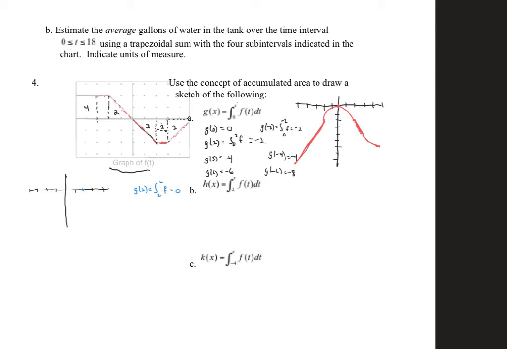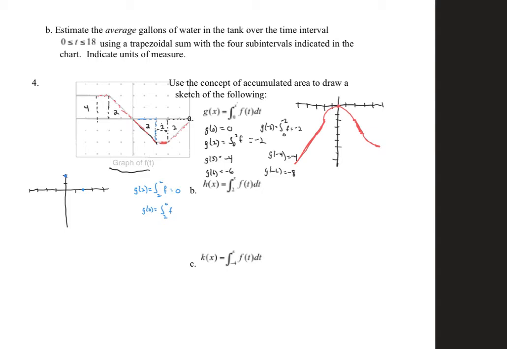So we're going to be right here. g of 0 is going to be the integral from 2 to 0 of f. And 2 to 0 is again this area here, which is a negative 2, it looks like, because it's below the x-axis. But because we're going from right to left, that's going to turn that into a positive. So we're going to be up here at positive 2.